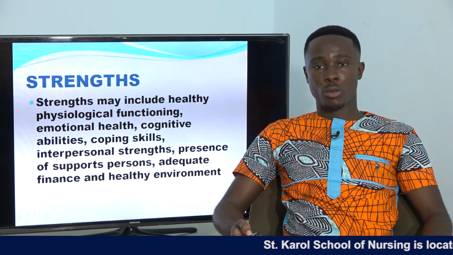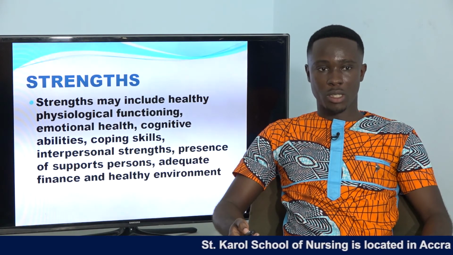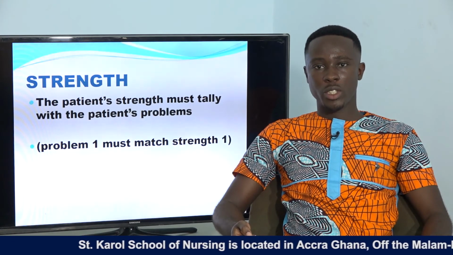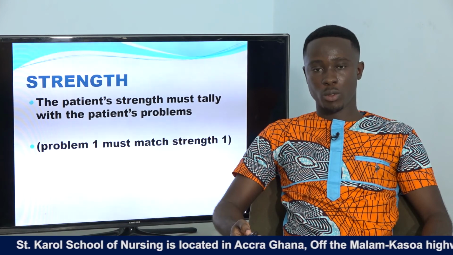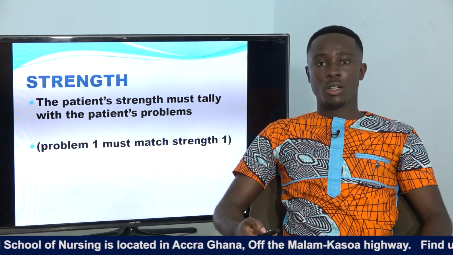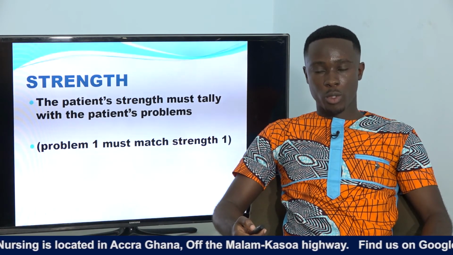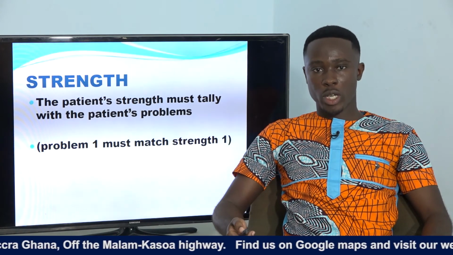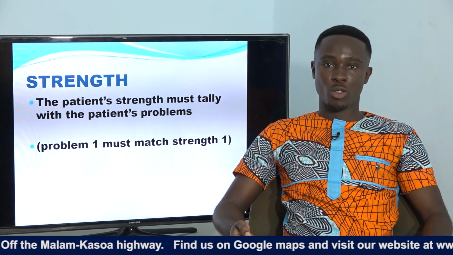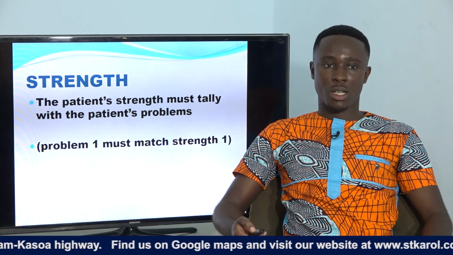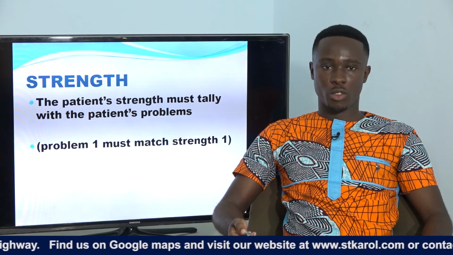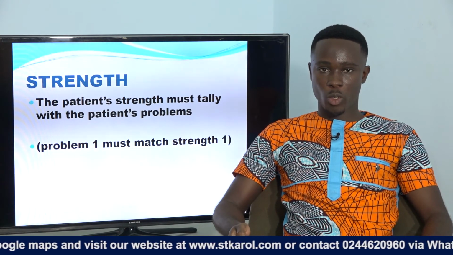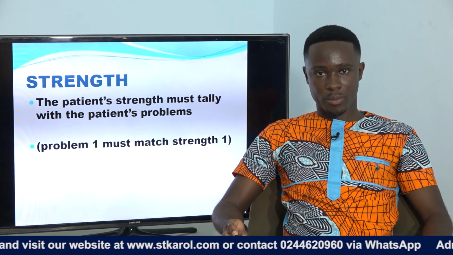These are all forms of strength, how the patient can help solve his or her problems. And the patient's strength must tally with the patient's problem. If your problem 1 is patient cannot breathe well, then your strength 1 should match problem 1, making strength 1 patient can tolerate prescribed oxygen, which makes it tally. So problem 1 must match strength 1.